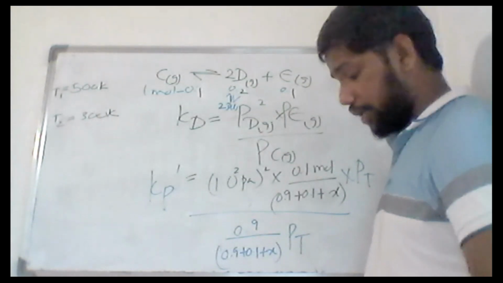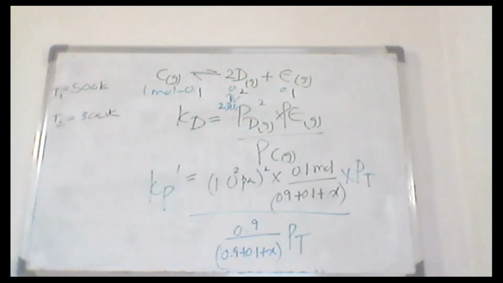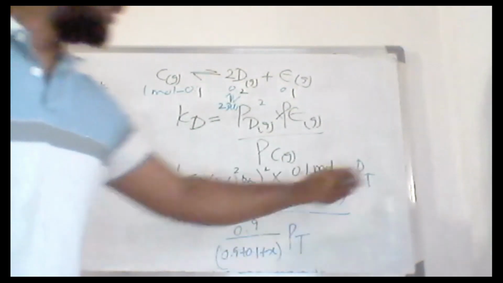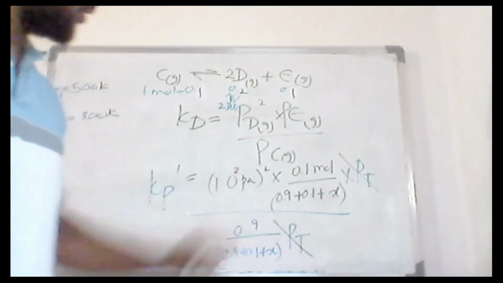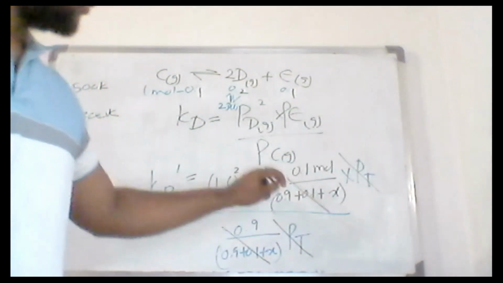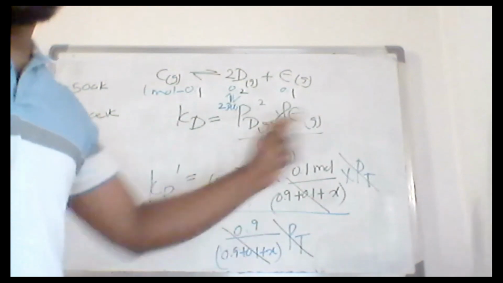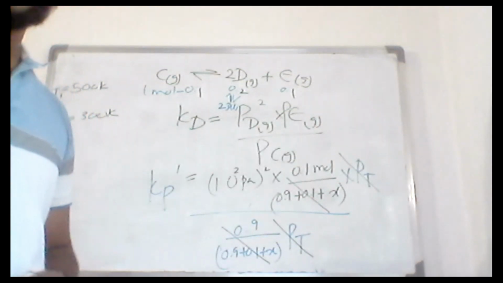Why? You can see when the expression is written down, you can automatically see these things will be cut. The total number of moles and the total pressure are cut in this equation.